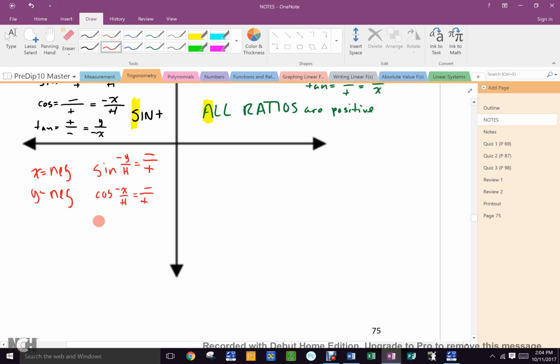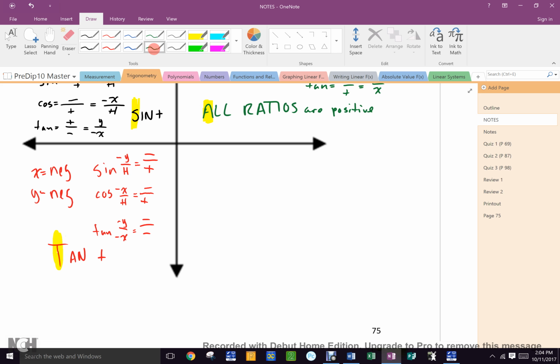I get a negative. What about tan? What's tan? Negative y over negative x. What do two negatives give me? Positive. So in this section, tan is positive.